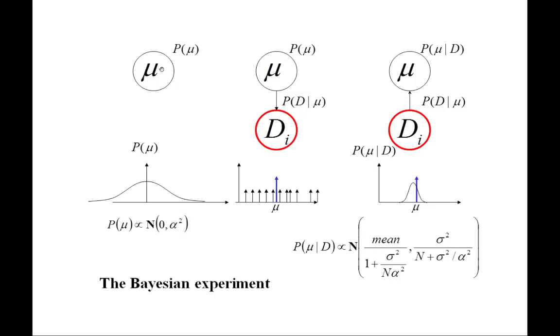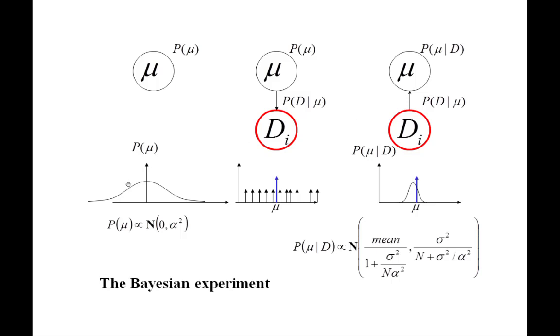So we have a probability distribution over the parameters. Then we have data, and we can calculate the probability for the data given the mu. And then in the Bayesian approach, we can also invert this and calculate the probability distribution of the mu given the data.